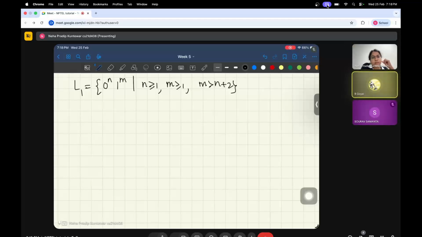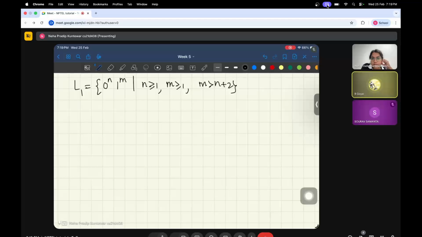Initially, I will keep on pushing all the zeros into the stack. And when I find the combination of 1 and 0, I read 1 from the tape and 0 from the stack, then I pop zeros from the stack and I keep on popping. But that will not help because I'll have to ensure that I get at least two more ones.